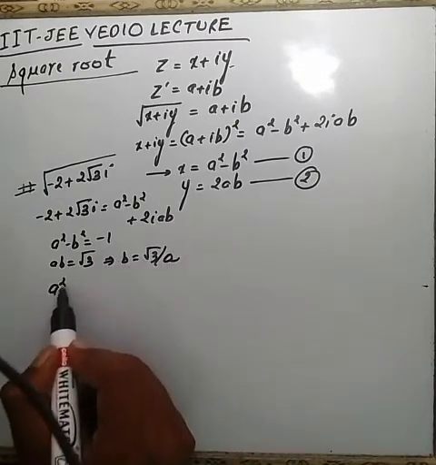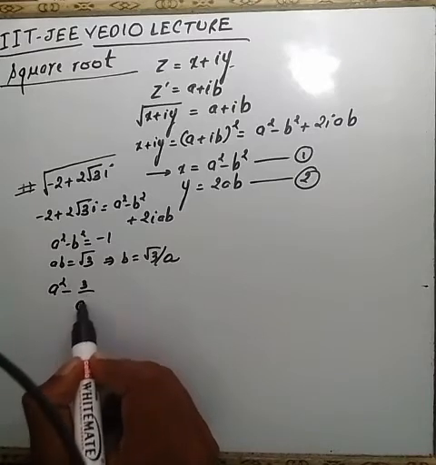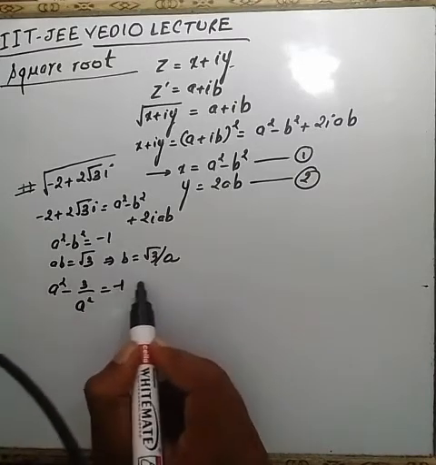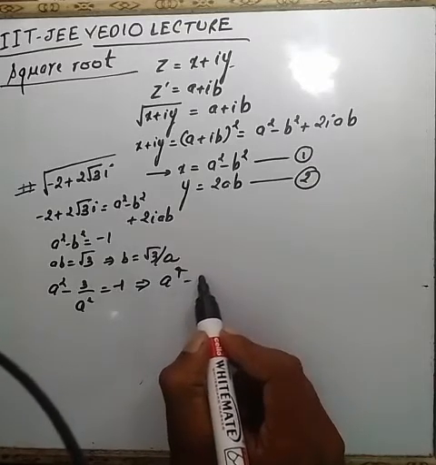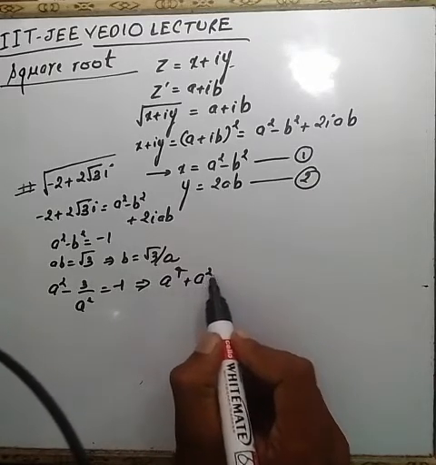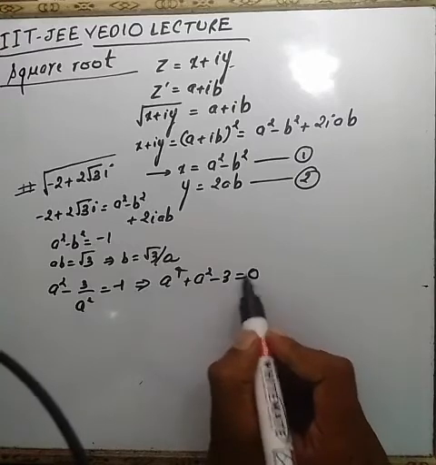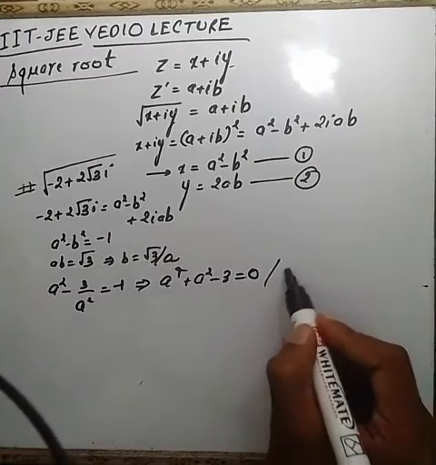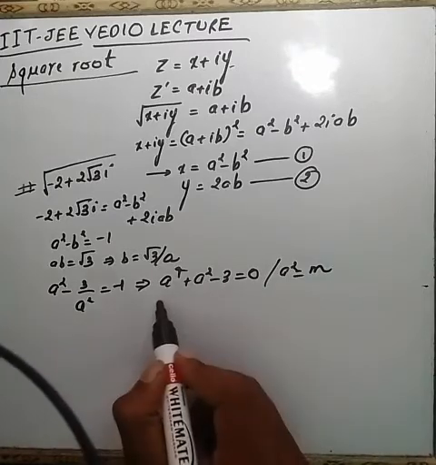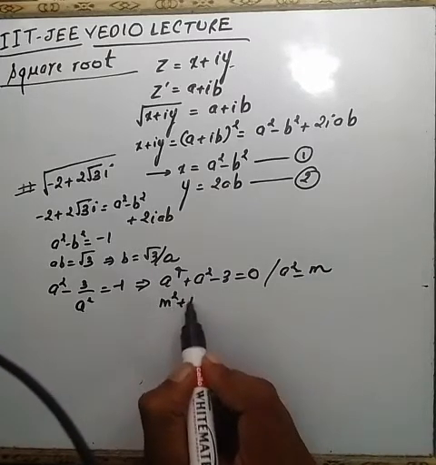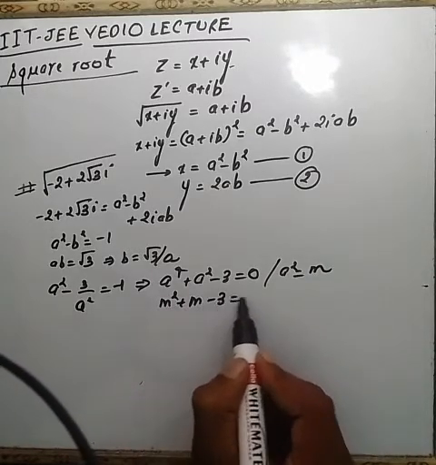So a square minus 3 upon a square equals minus 1. So a to the power 4 plus a square minus 3 equals 0. So assume a square equals m. So m square plus m minus 3 equals 0.